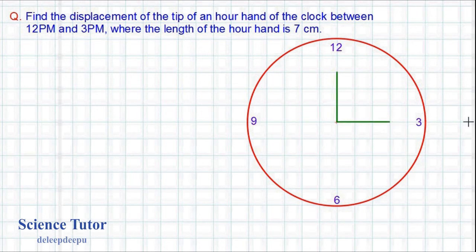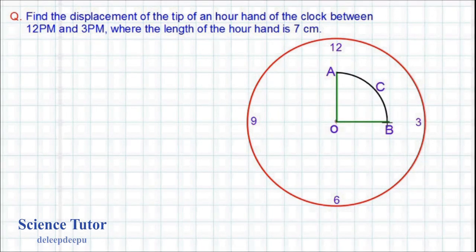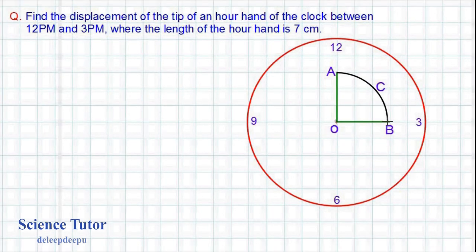And the actual path from the tip of the first position to the tip of the second position is a curve. Displacement is from B to A. That's a straight line from the finishing point to the starting one, the straight distance.